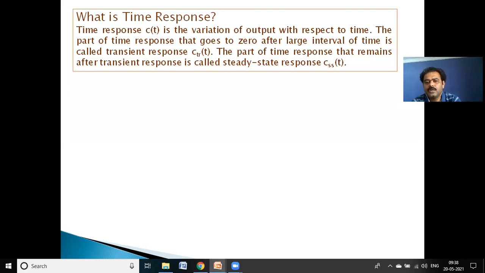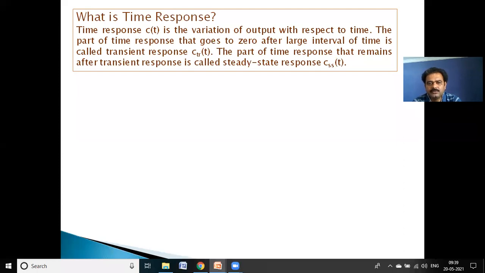Before it reaches a steady state value, there is one more response, called the transient response. That is a very short interval of time, maybe microseconds or milliseconds. There the quantities are not 230. Even though the input quantity is 230, it shows something around 400 or 270 or 300. The values may be entirely different.